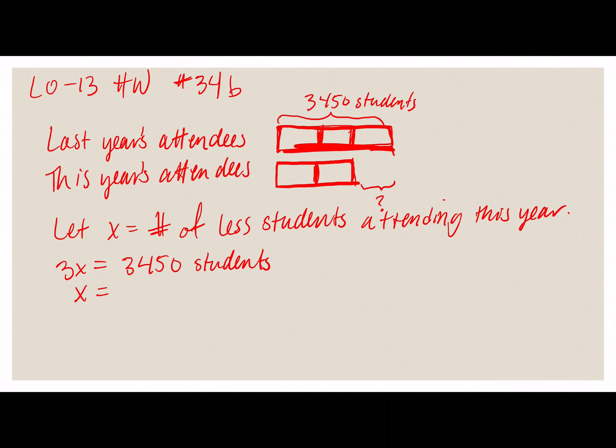So 3,000 divided by 3 is 1,000. The 400 divided by 3, well, there's 100 for each of those, but then there's going to be one left over. We put that 1 with the 5, make it 15. And so 15 tens divided by 3 is 5 tens, and the 0 divided by 3 is just 0. Okay. So 3x is 3,450 students, then x is 1,150 students.